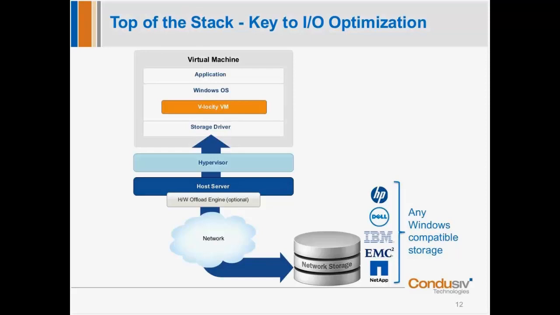Once that I/O leaves the storage driver, it's like any typical Windows I/O. As we've said before, an I/O is an I/O is an I/O. As a consequence, if that storage device is compatible with Windows, it'll be compatible with Velocity. In terms of the application, it makes its normal calls to the operating system as it always has. So if the application is compatible with Windows, it'll be compatible with Velocity.